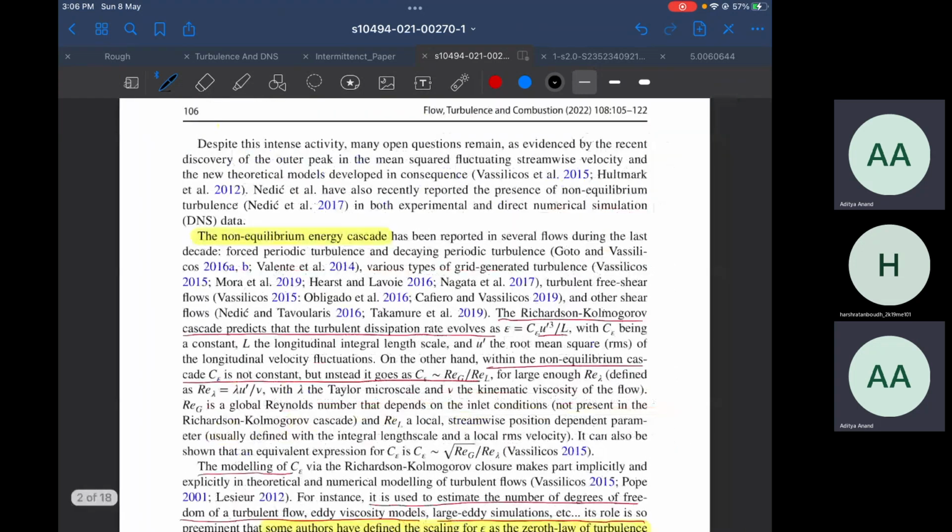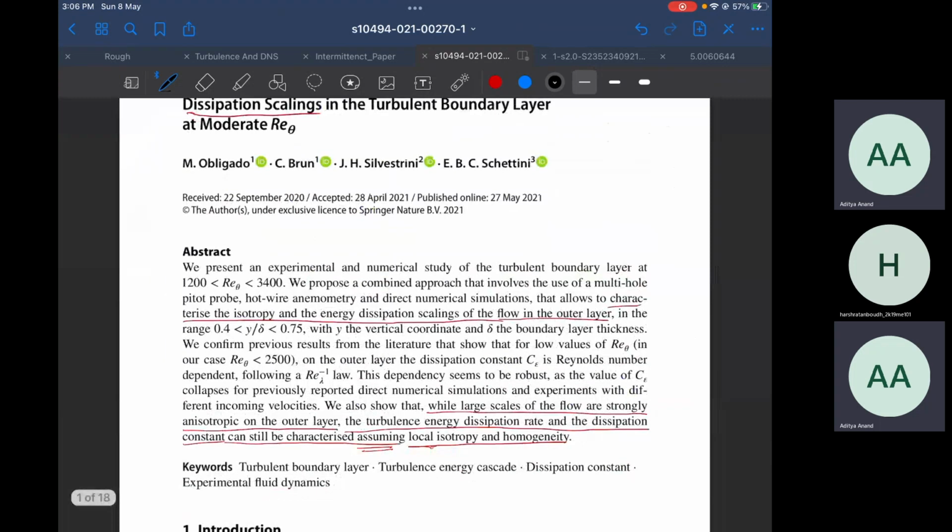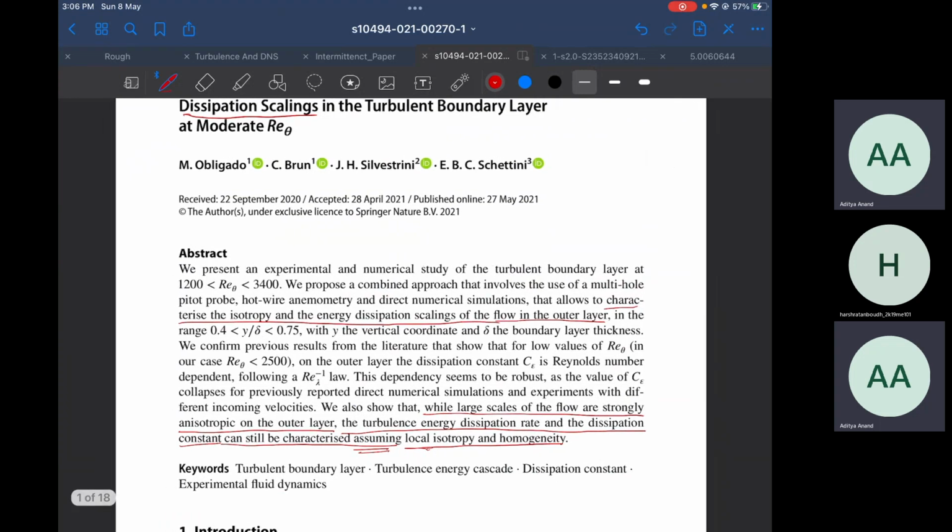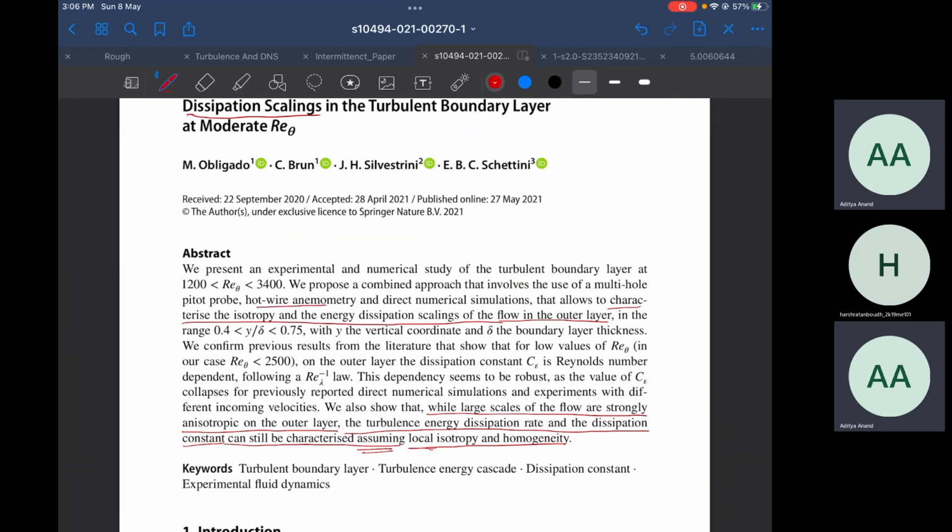So how have they done this? They have used both experimental and numerical data, hot wire anemometry and direct numerical simulations.